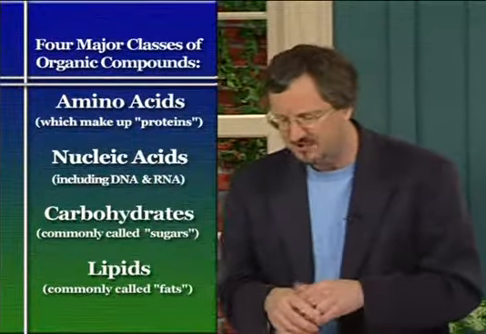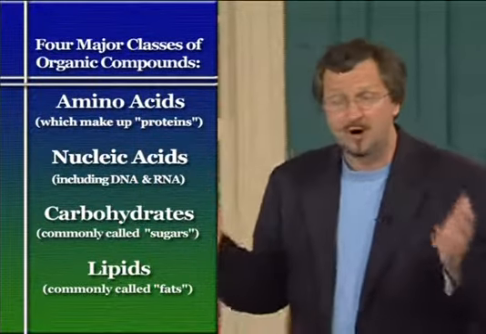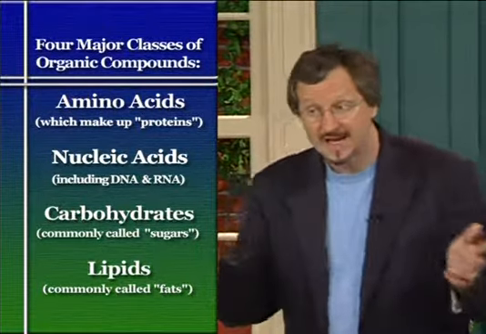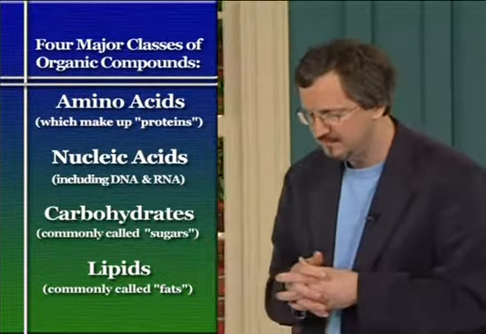Now, we know that living things are actually composed of several broad classes of biological molecules, including carbohydrates, those are the sugars, lipids, those are the fats, nucleic acids, as well as proteins.